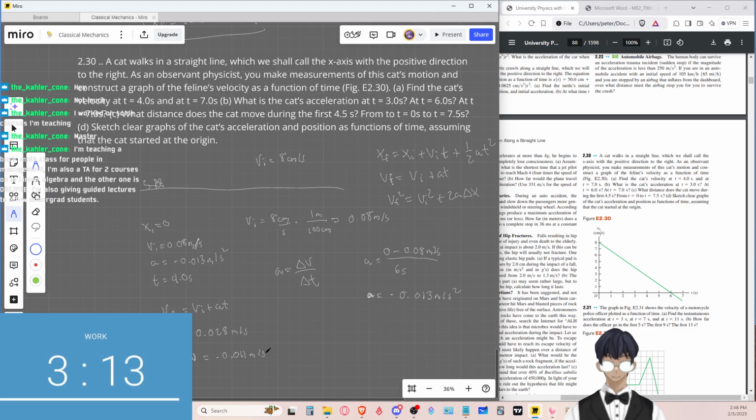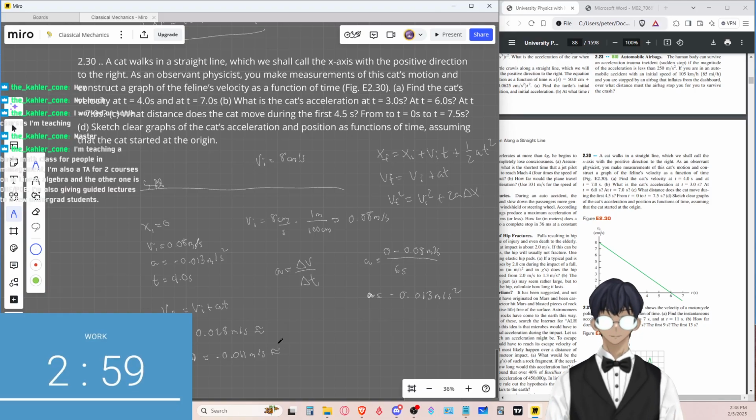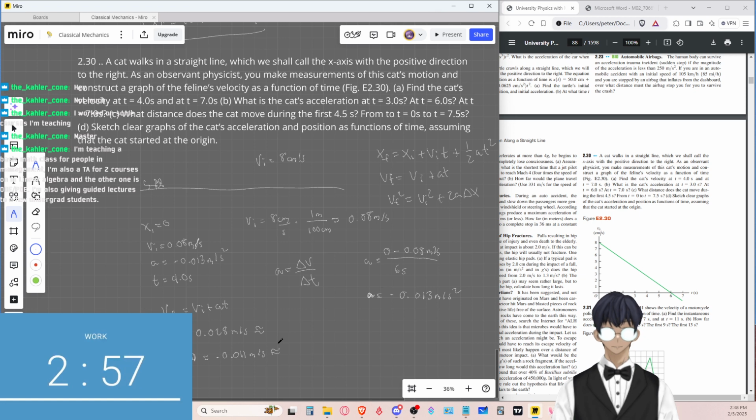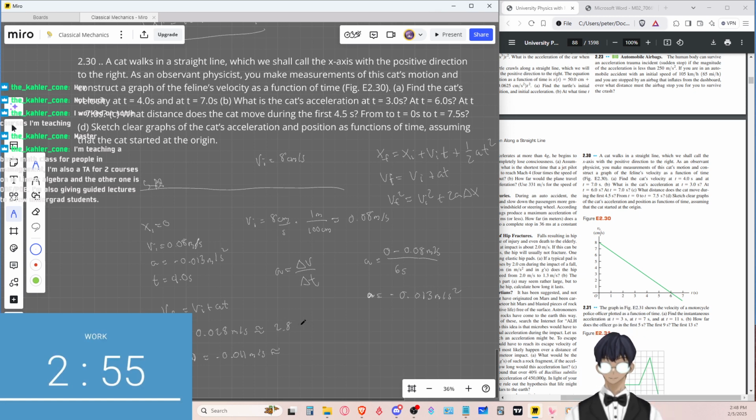So, actually, I want to convert this to centimeters just in case, so that way, if the answers are in centimeters per second, it would be times 100. That means this is traveling at centimeters per second. And this one would be negative times 100. So that's negative 1 point.